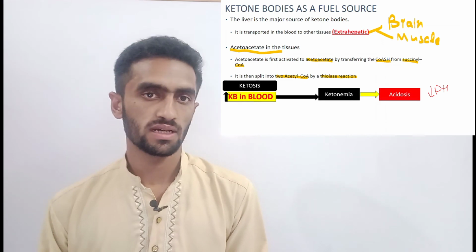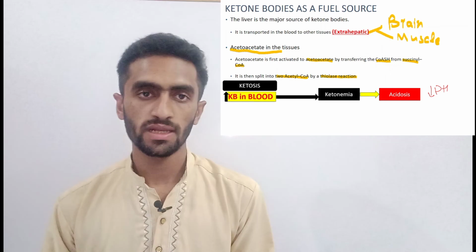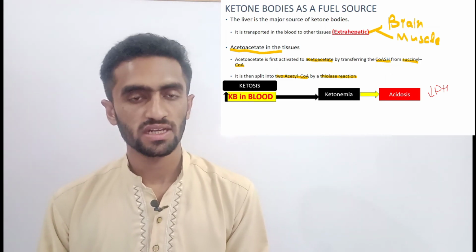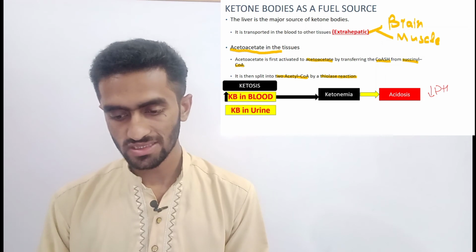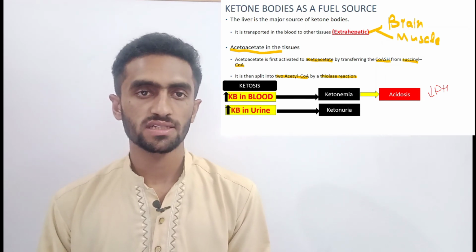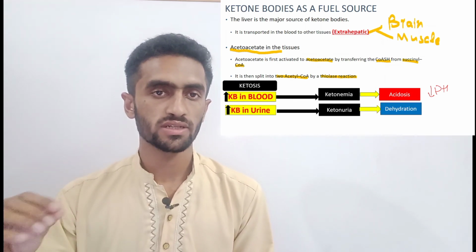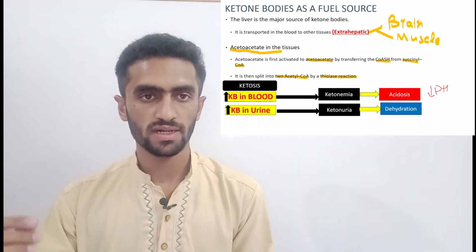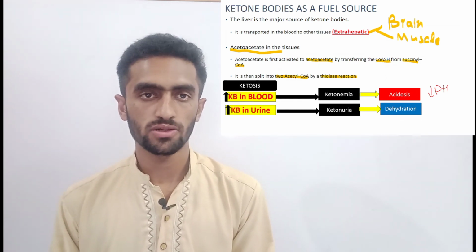When ketone bodies are high in blood, this blood is supplied to the kidney, so ketone bodies also increase in urine, which is ketonuria, and that leads to dehydration. Why dehydration? Because it is osmotic: we are losing salts and ketone bodies, and that also loses water, which leads to dehydration.